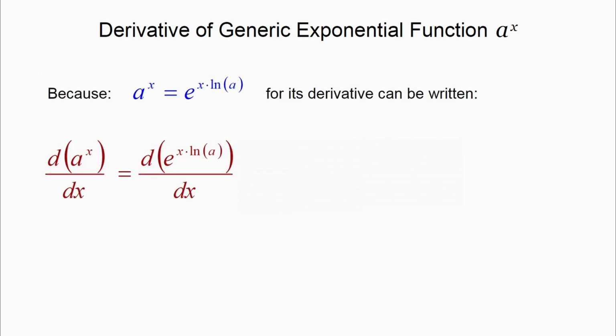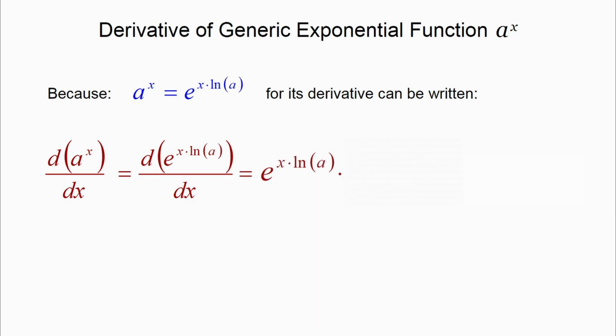We just saw that the generic exponential a to the x can be written as e to the power x times ln a. Therefore, the derivative of a to the x with respect to x is the derivative of e to the x times ln a.